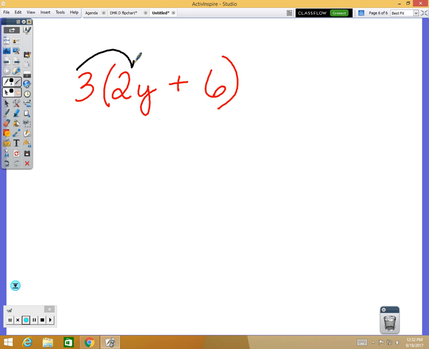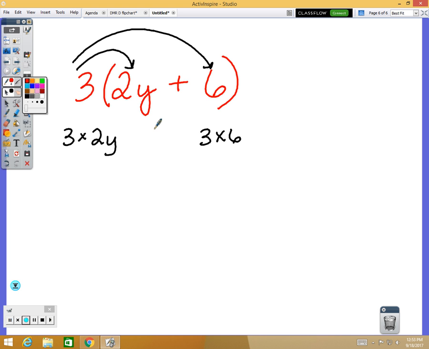So we're going to do 3 times 2y, which we just learned how to do, and we're going to do 3 times 6. So 3 times 2y is 6y, and 3 times 6 is 18. And this plus sign is just in between them. And that's it.